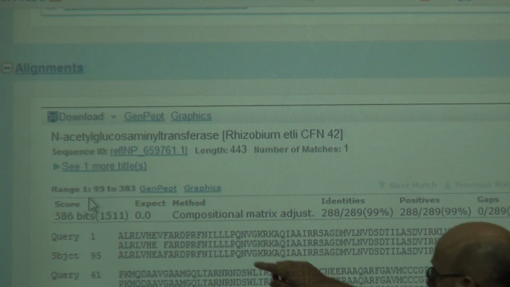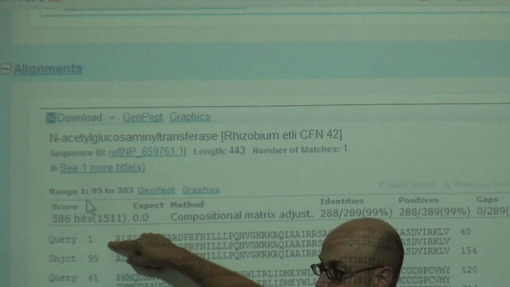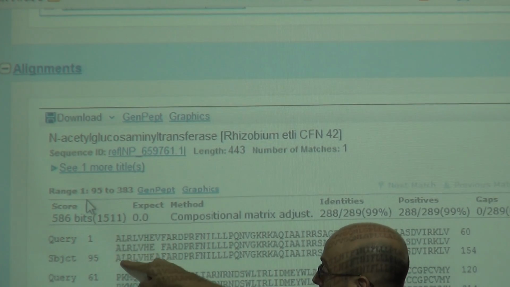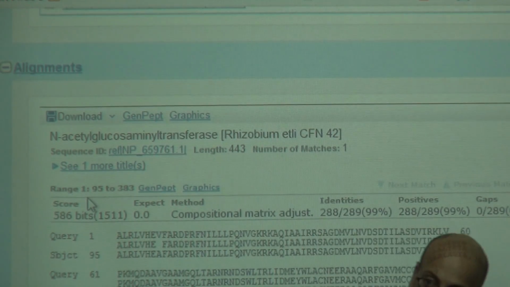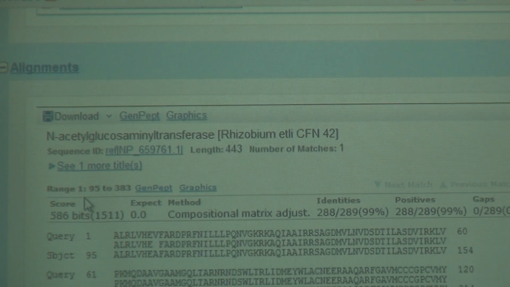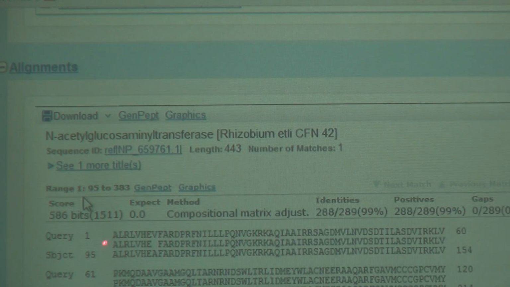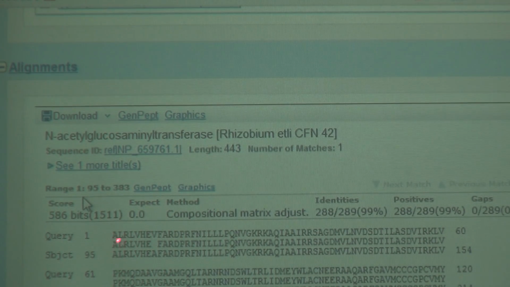So, if the query has A, alanine, and the hit has A, alanine, then in the middle the agreement will be alanine. If both of them agree, then we write that amino acid in the middle. If they don't agree, for example, here we have V, here we have A, they don't agree, so we have nothing in the agreement.